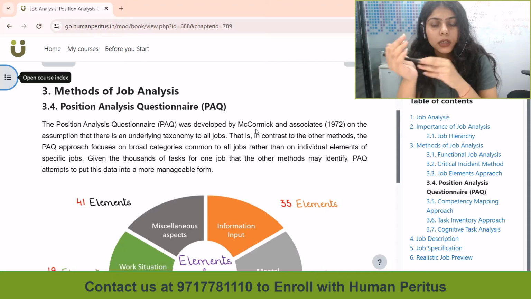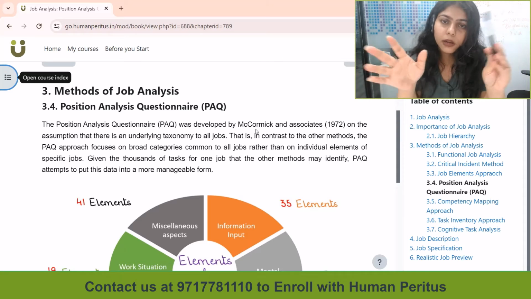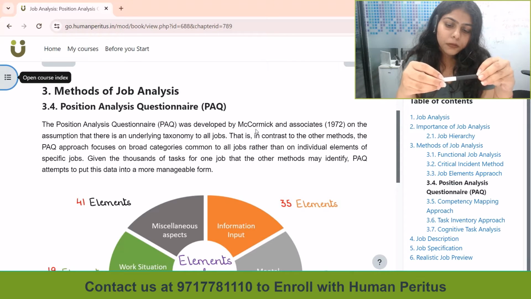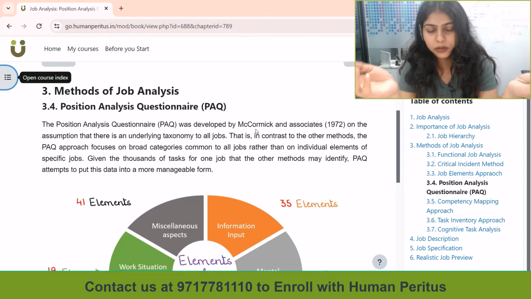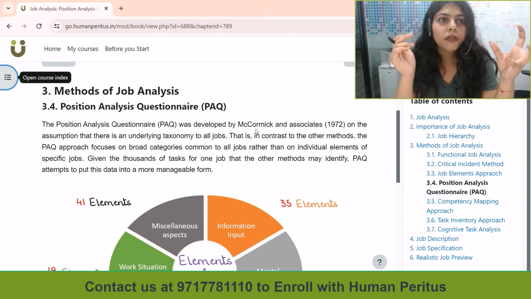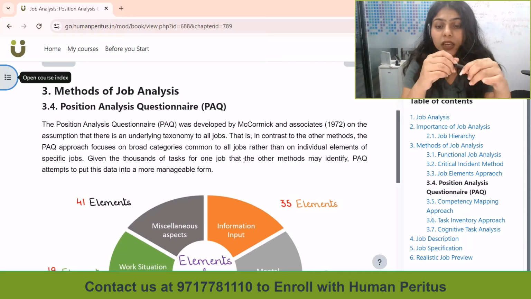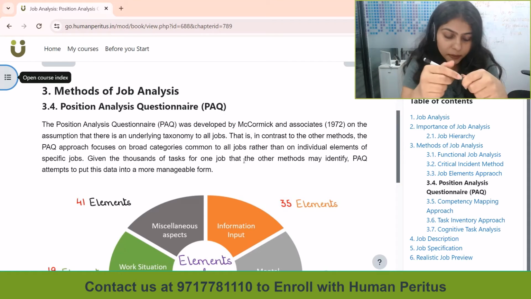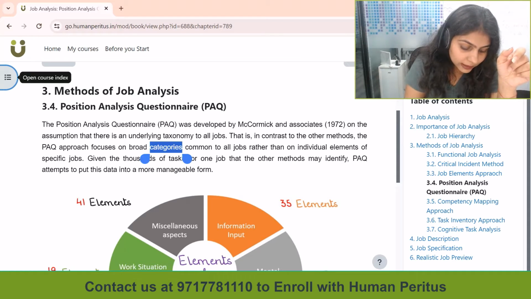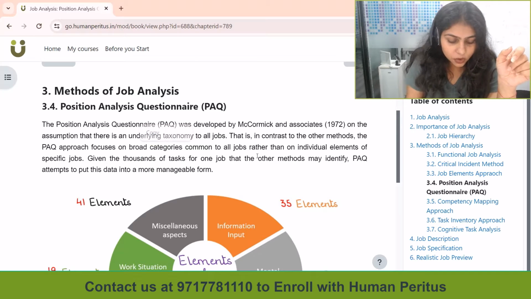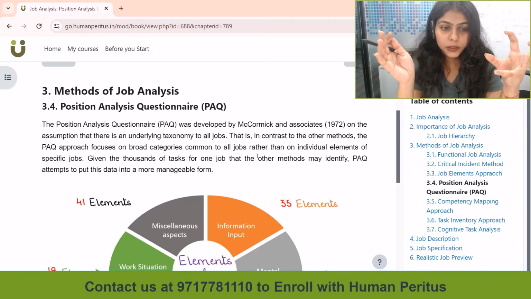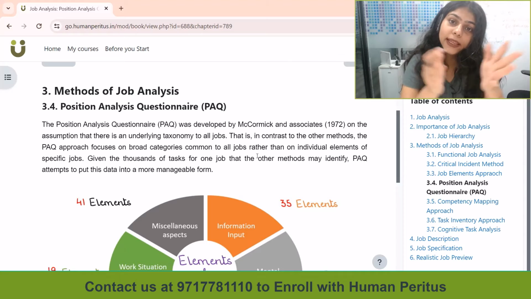Now, what this method does not share with the rest of the methods is, instead of individually breaking down the specific jobs or the elements of these specific jobs, this method categorizes. So it focuses on making categories.